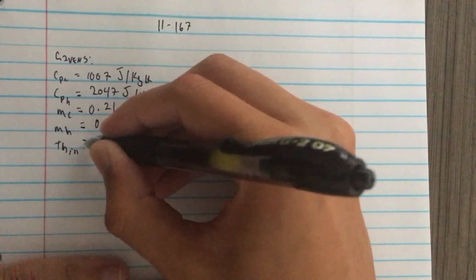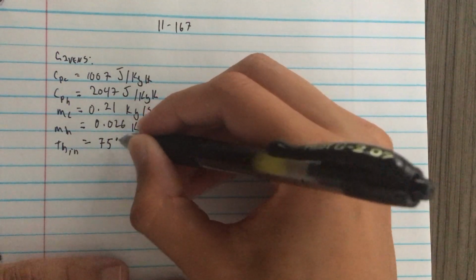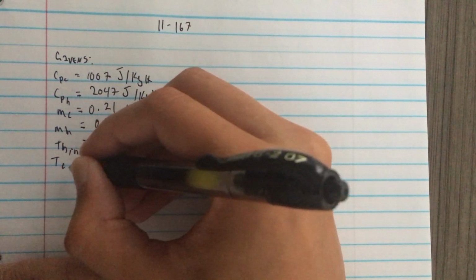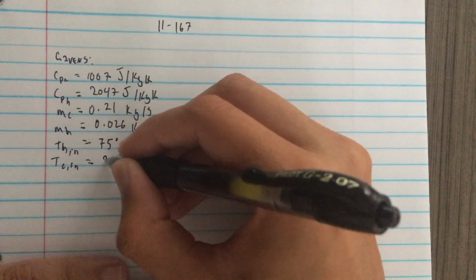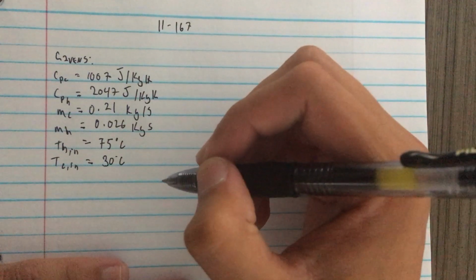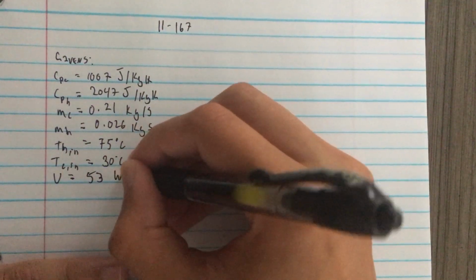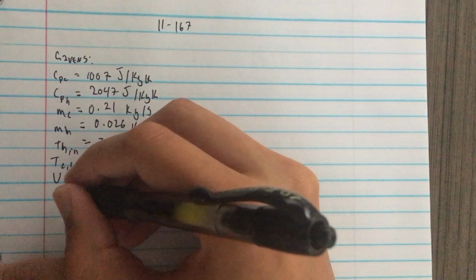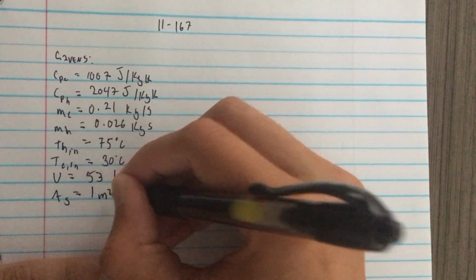THN is 75 degrees Celsius. TCN is 30 degrees Celsius. U is 53. And the surface area is just 1 meter squared.